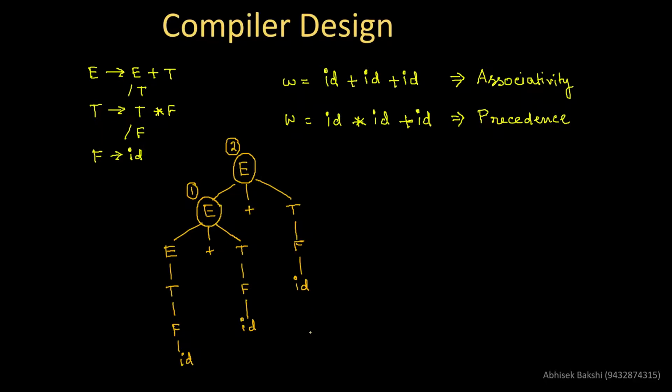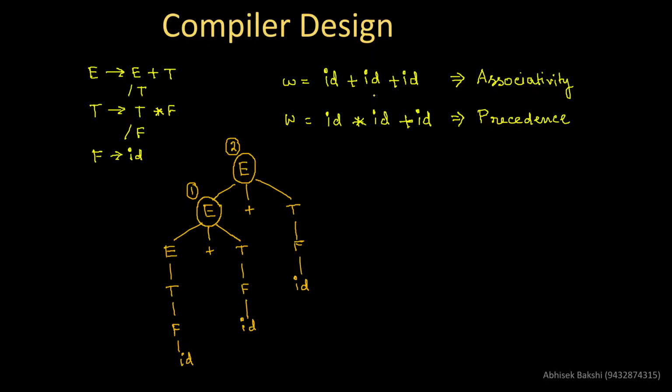So according to the grammar that I have used to generate this string id plus id plus id, this plus is left associative, because the leftmost plus is executed first, then the rightmost. But it is not mandatory that it will always happen.